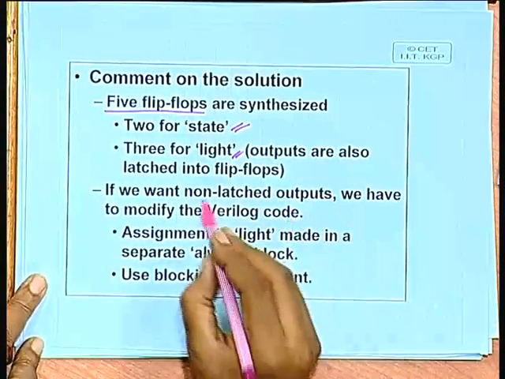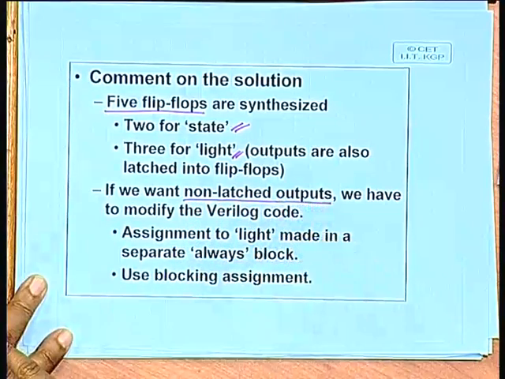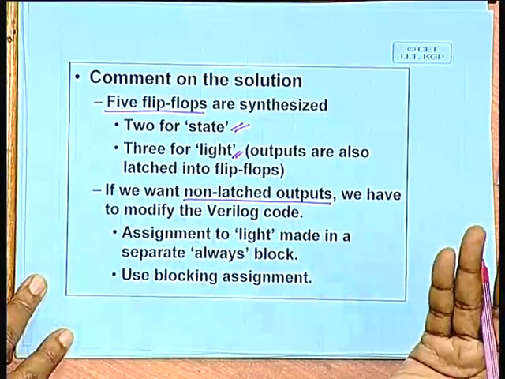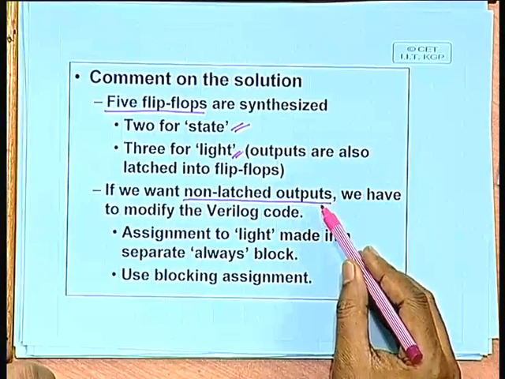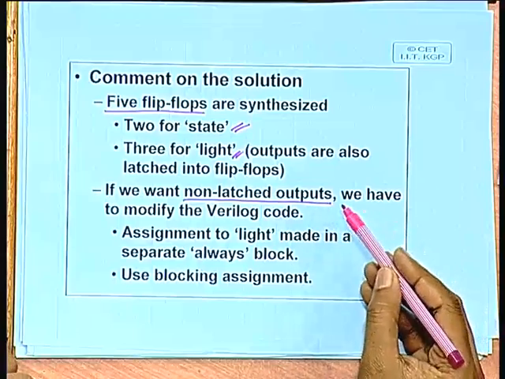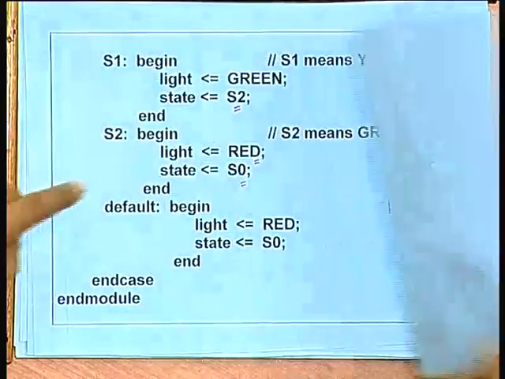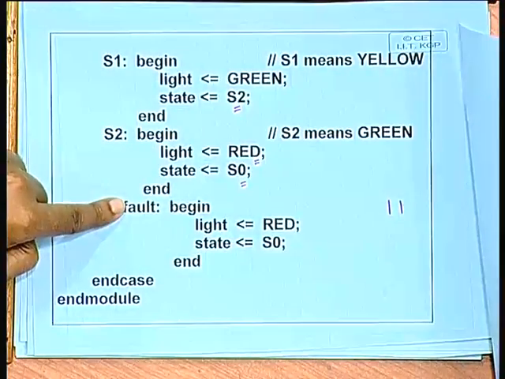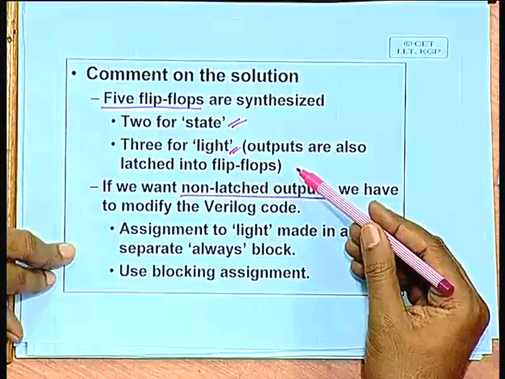Actually what we want is non-latched outputs. The states have to be latched anyway, the states will have to be stored in flip flops, but the outputs which are getting generated, we do not want any latches there. So if in modeling a Moore machine we do it in the way we have just shown, then the outputs will be latched by default.